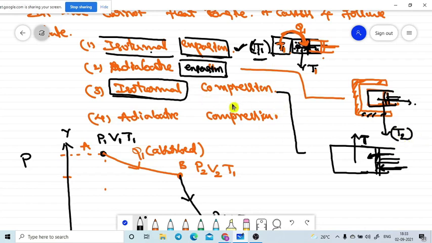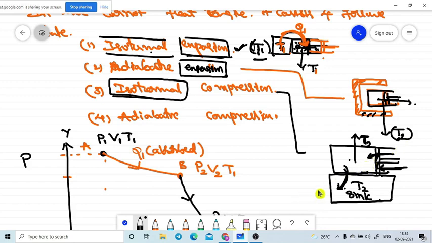To hold the temperature at T2, we need to connect this cylinder to a constant temperature sink at T2. We connect this cylinder to the sink. If the temperature rises, the energy supplied to the system will be released to the sink, and it will maintain the same constant temperature as the previous stage.